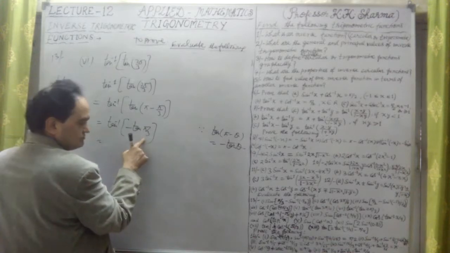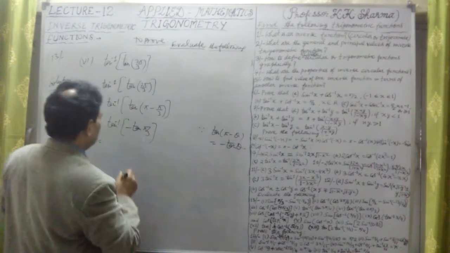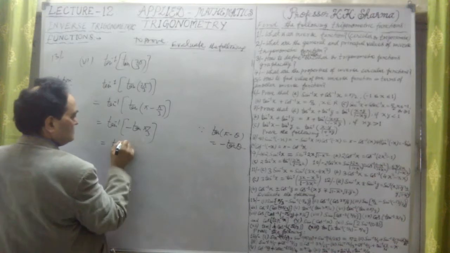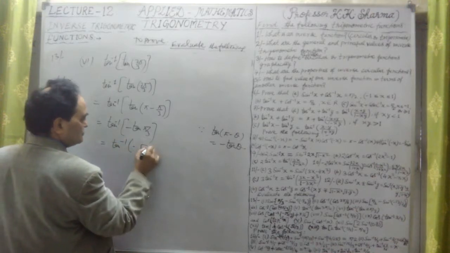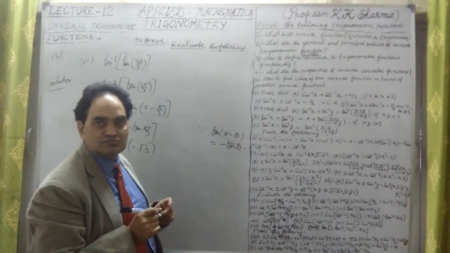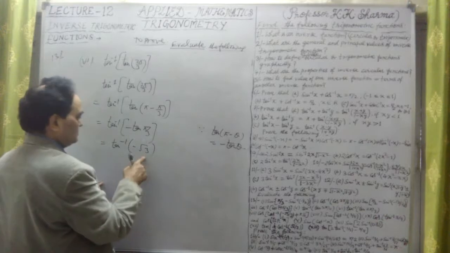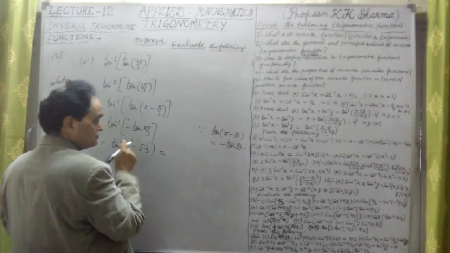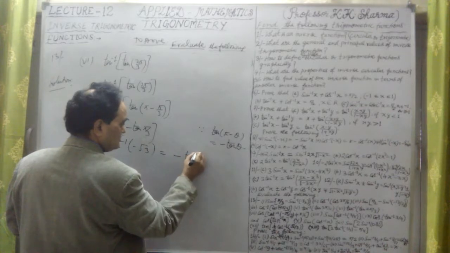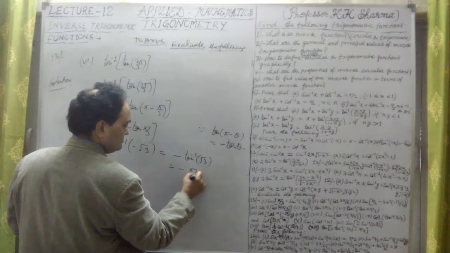Tan pi by 3 is tan 60 degrees, and that is root 3. It is giving us tan inverse of minus root 3. Tan 60 degrees is the value root 3. Now tan inverse of a negative value gives us minus tan inverse of root 3, which is minus pi by 3.